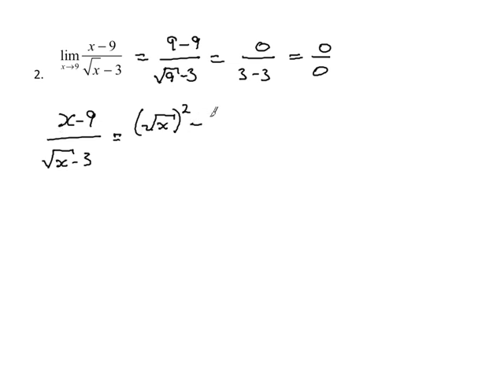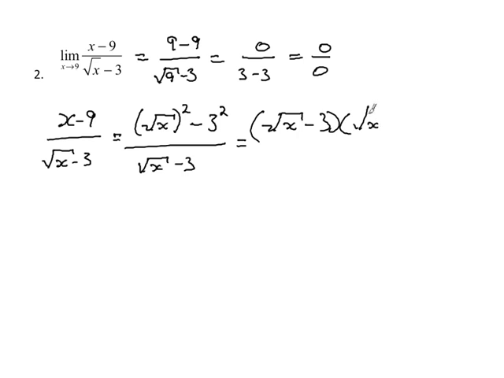Minus 9, but 9 is 3 squared. And this is divided by the square root of x minus 3. So in the numerator, I will have the square root of x minus 3 times the square root of x plus 3, all divided by the square root of x minus 3.